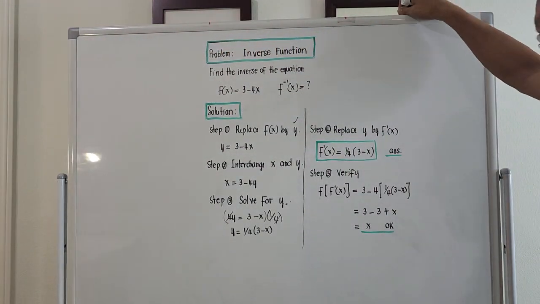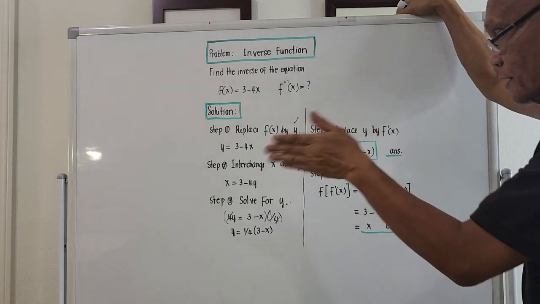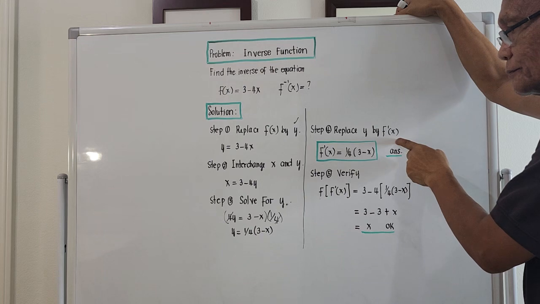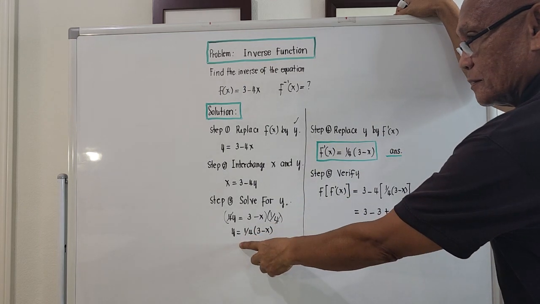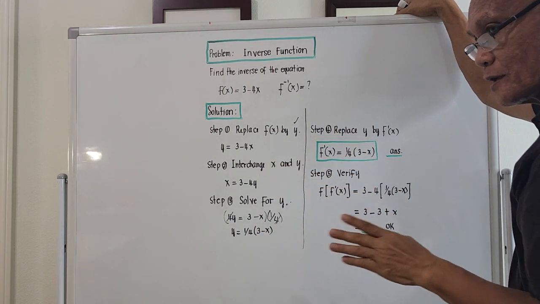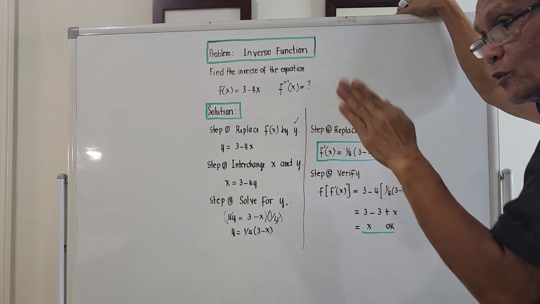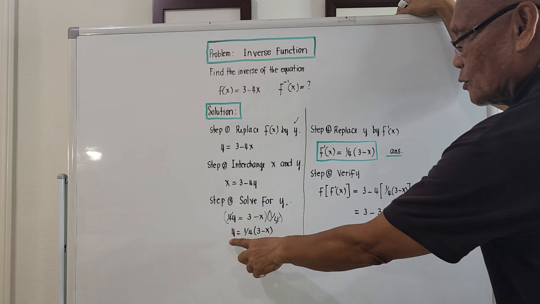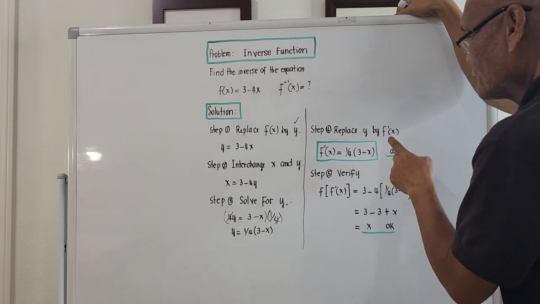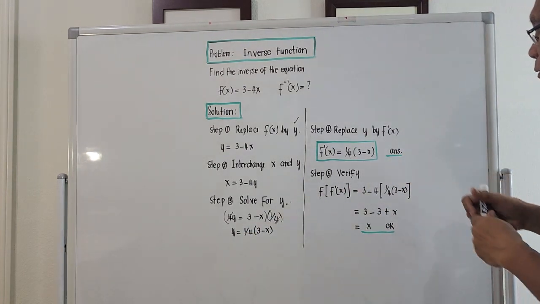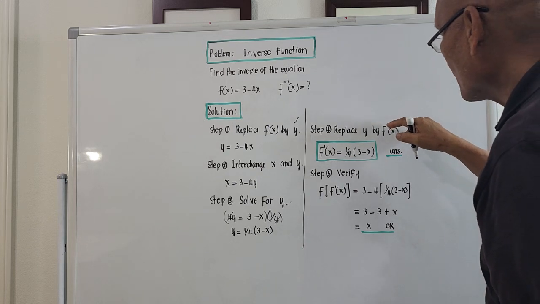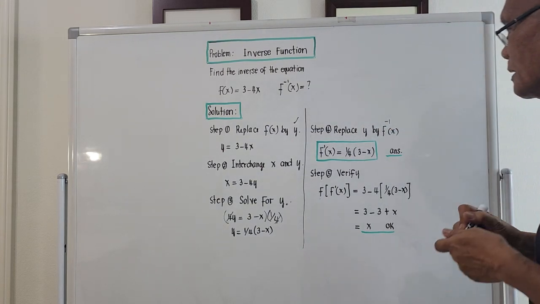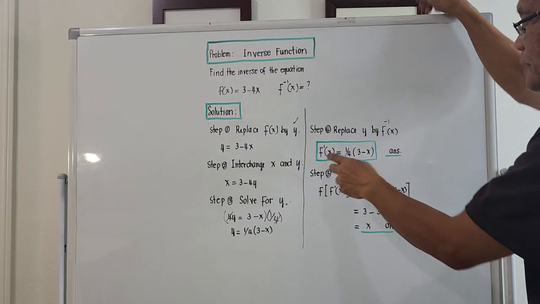Step number 4, we replace y by f inverse of x. We got a y here, and we replace it by f inverse of x, the one we are looking for. So instead of writing y, we replace it by f to the negative 1 of x.